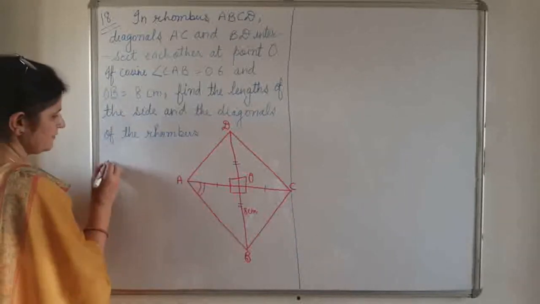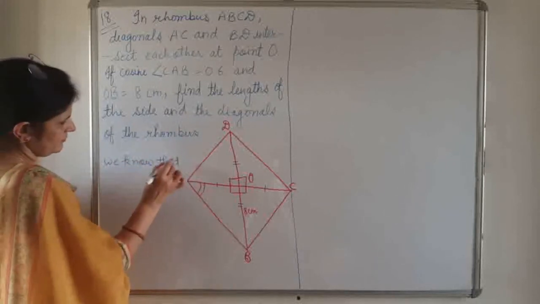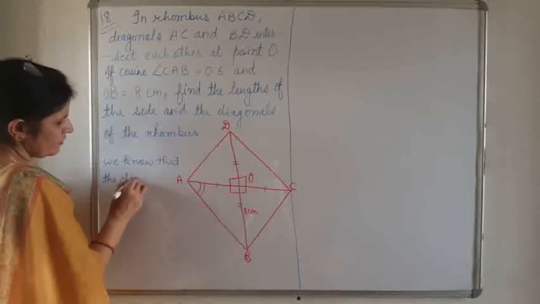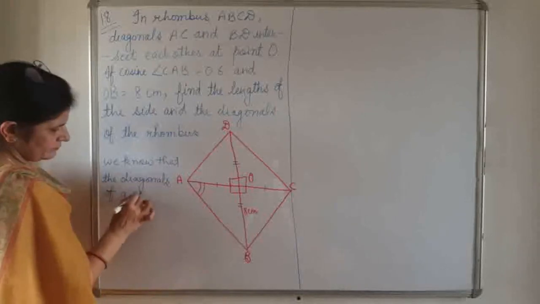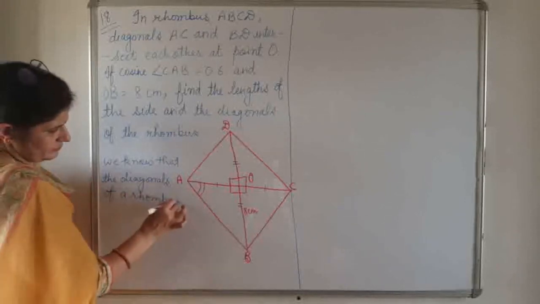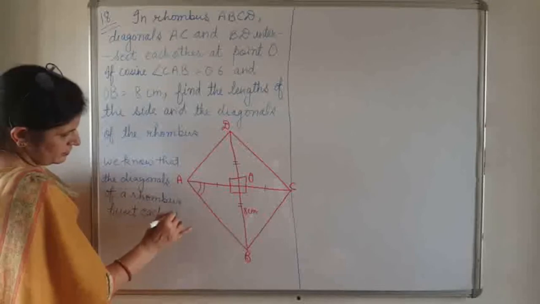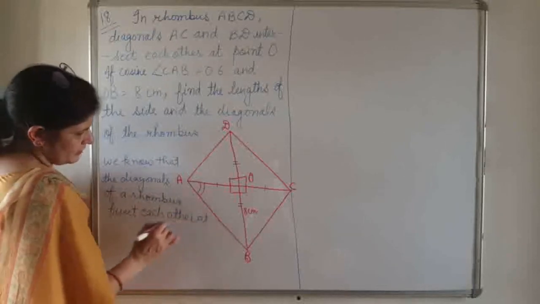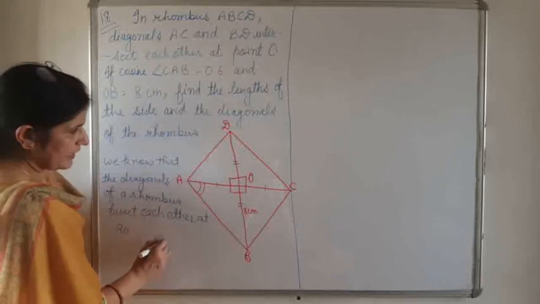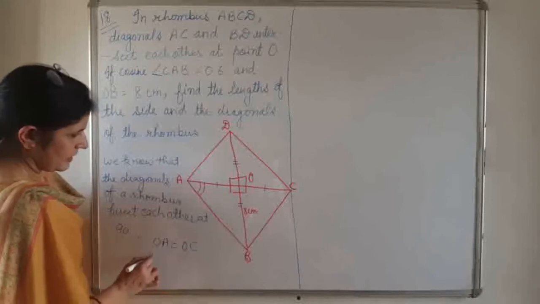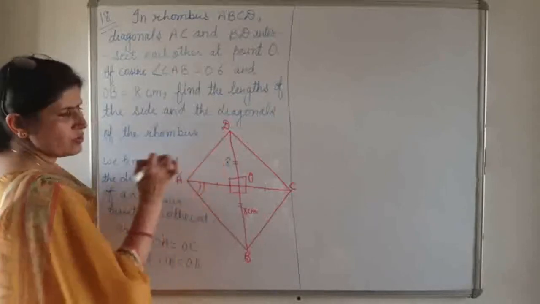So we write here, we know that the diagonals of a rhombus bisect each other at 90. Therefore, OA equals OC and OB equals OD. If it is 8, then automatically it is also 8.